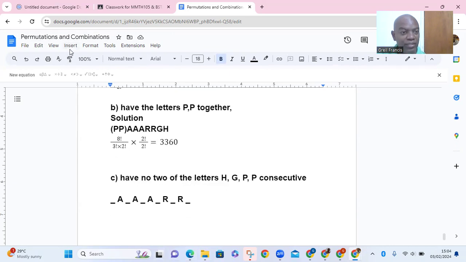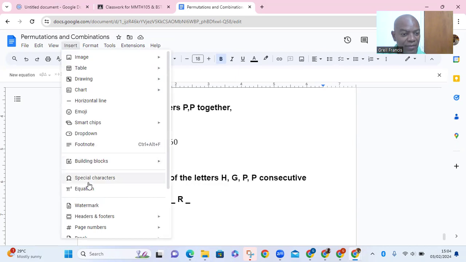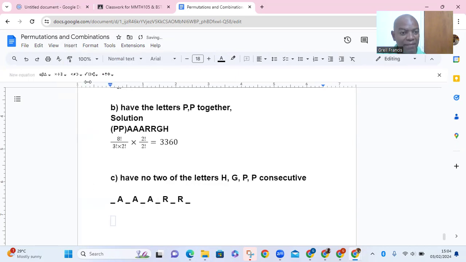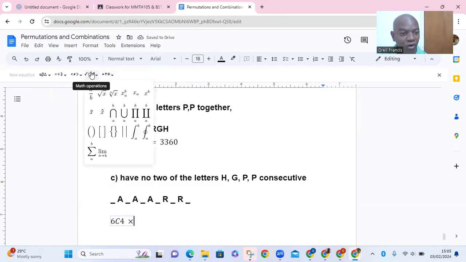The choosing will be done by 4 letters from a total of 6 spaces. So we have 6 choose 4. And at the same time, after they have selected those spaces, they have to be arranged. So you are arranging 4.